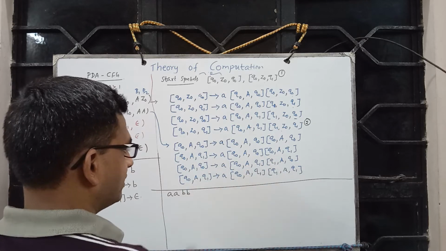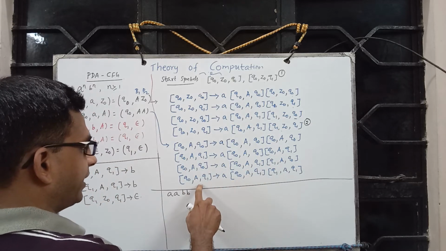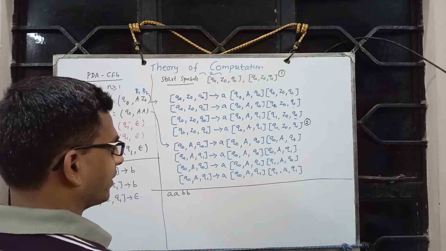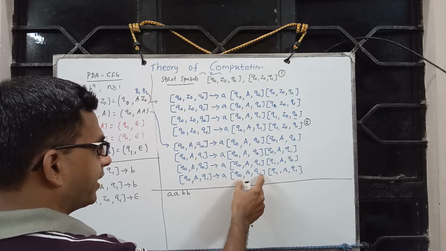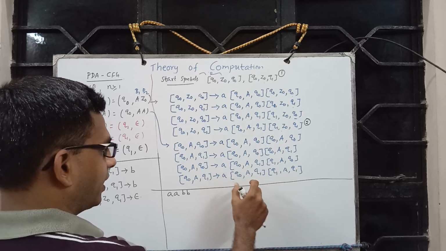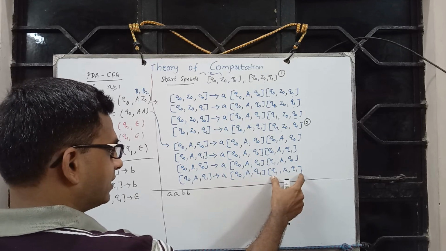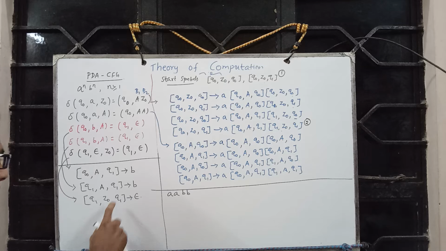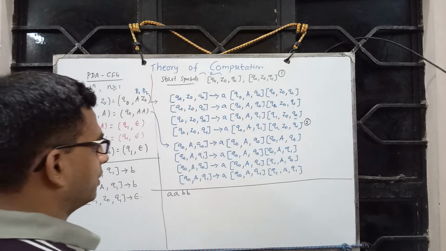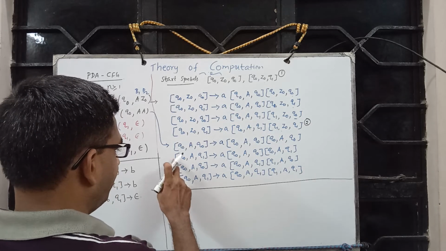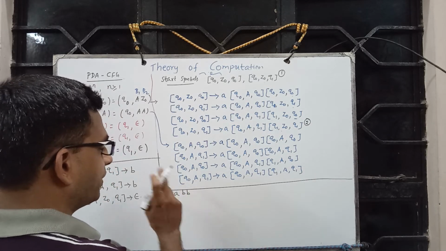If you don't take this, supposing I take this, then this will give you Q0, A, Q1, and for this Q1, A, Q1, it is defined. Okay. So between these two, which one we should go for?